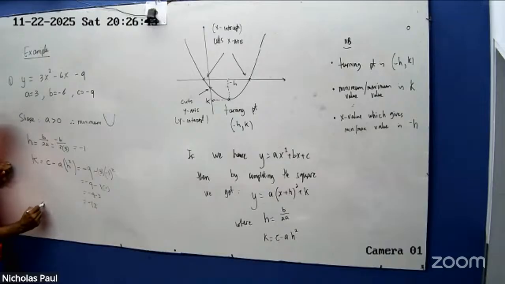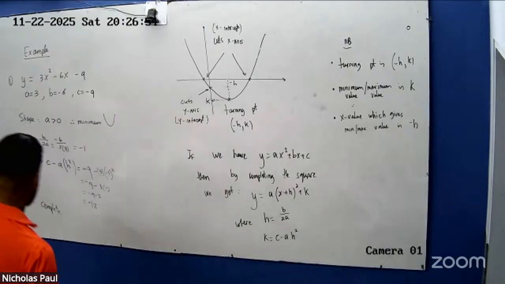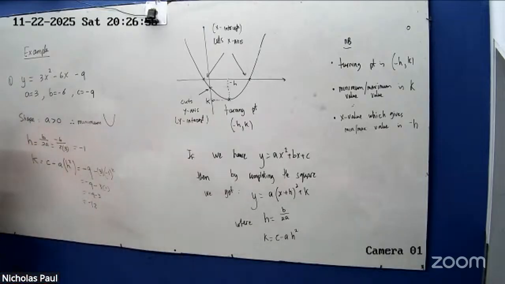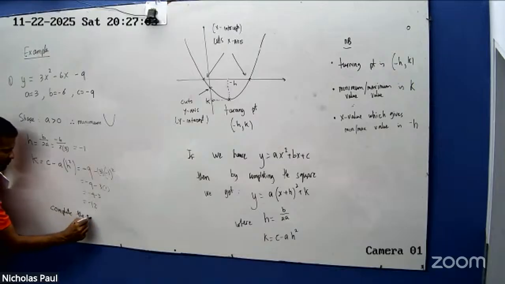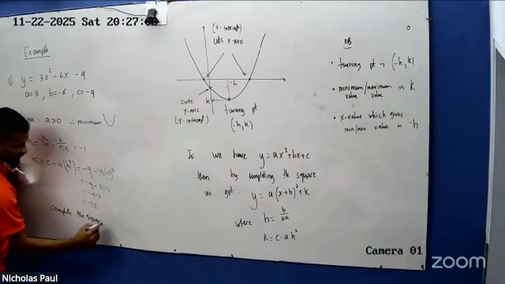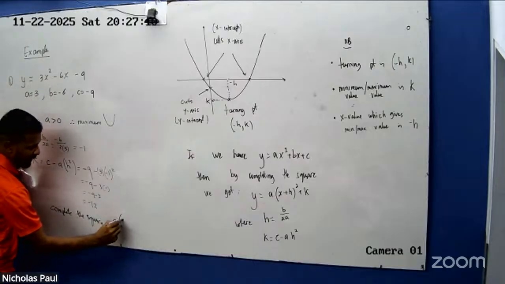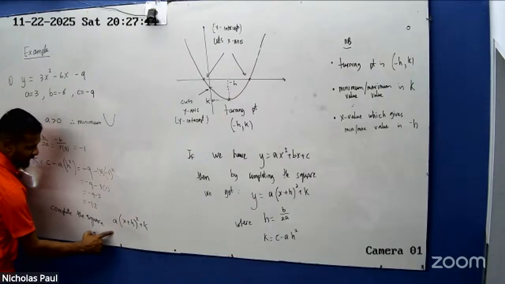So if I ask you to complete the square, complete the square just simply means instead of writing it like this, you write it like this: A times (x plus h) squared plus k.